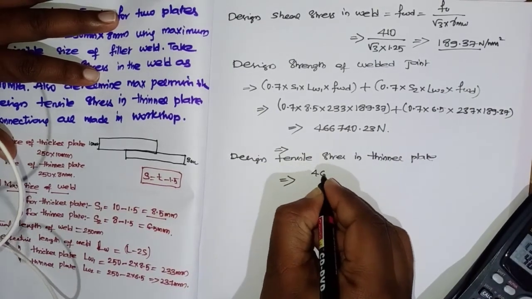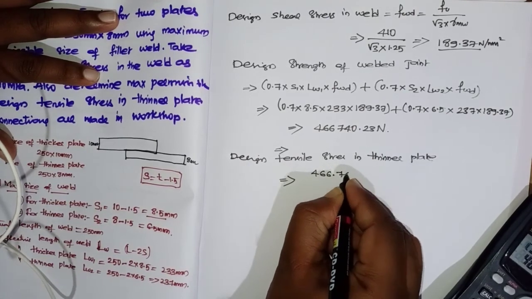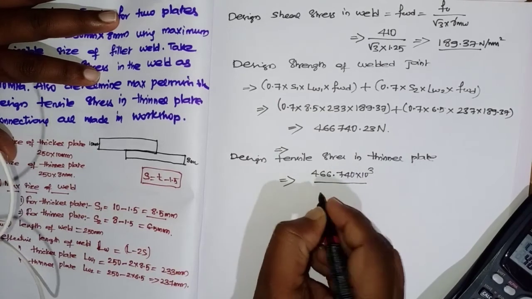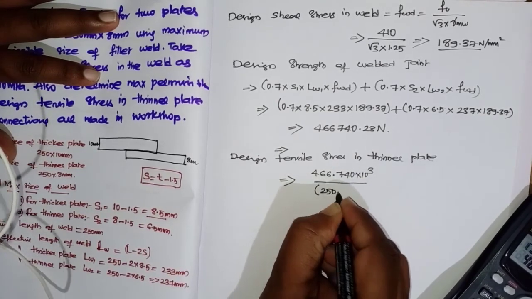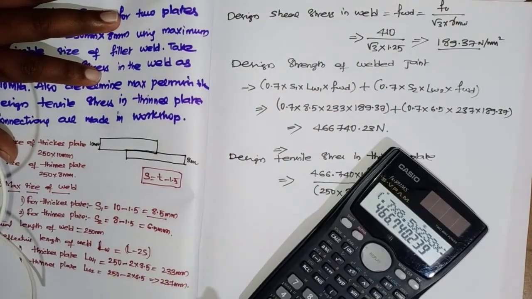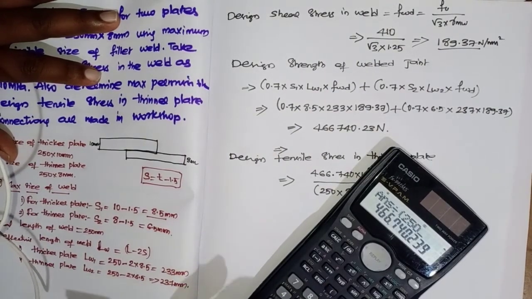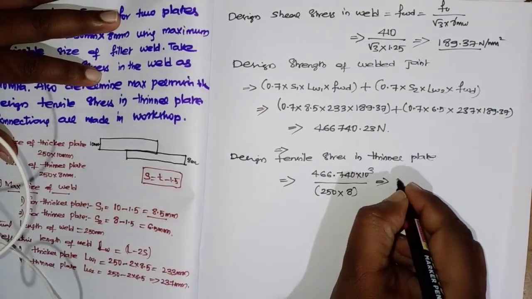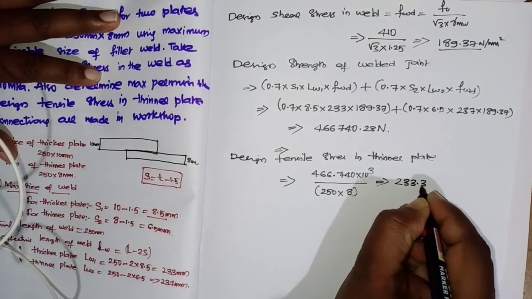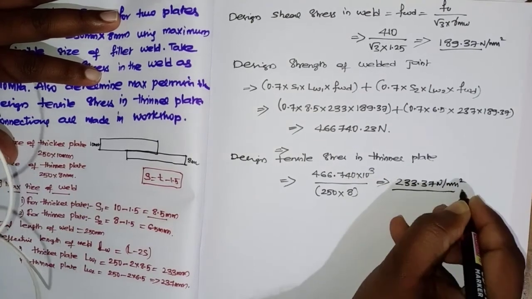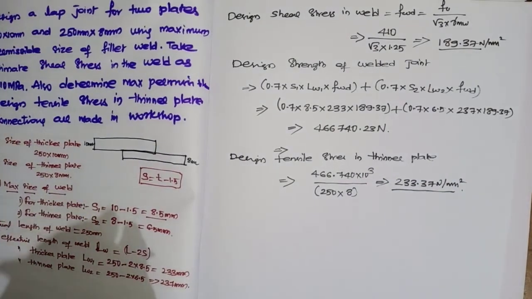This divided by, what is the area of the thinner plate? 250 by 8 mm. So this value divided by that.